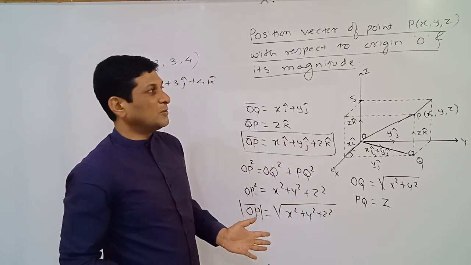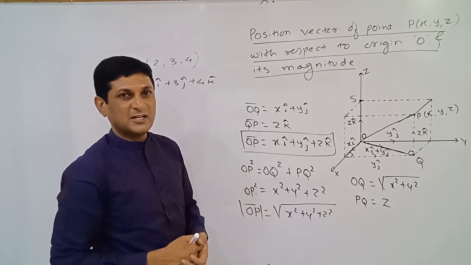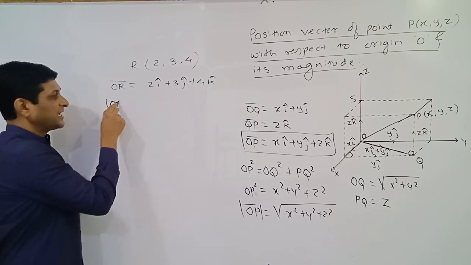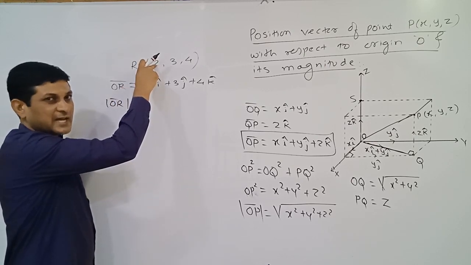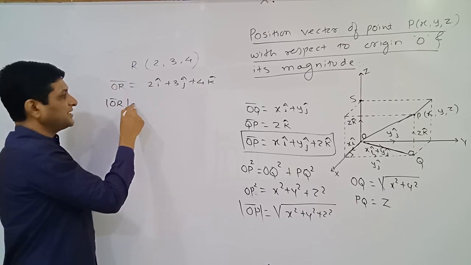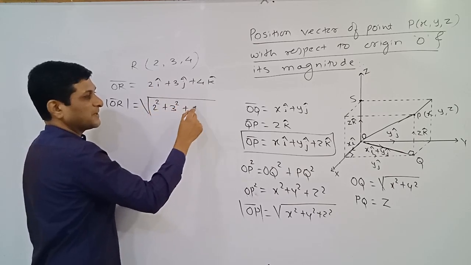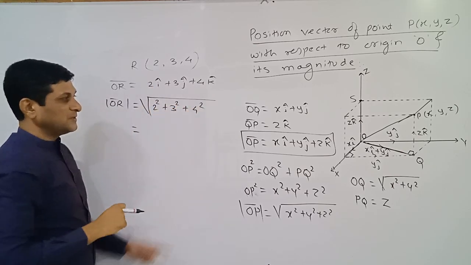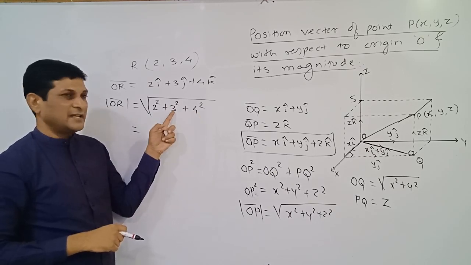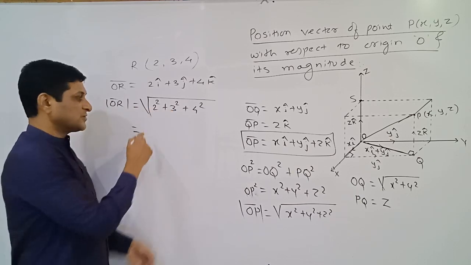So hope the idea about how to define the position vector and how to find out the magnitude is clear. If the coordinates of a point are given, we can easily define its position vector with respect to origin, and its magnitude will be equal to under root 2 square plus 3 square plus 4 square, which is equal to 4 square is 16, 16 plus 3 square is 9, 16 plus 9 is 25, and 25 plus square of 2 is 4, 25 plus 4 is equal to 29.